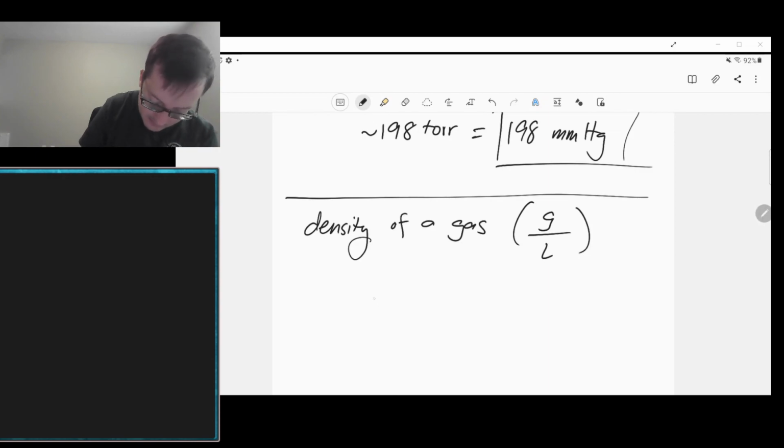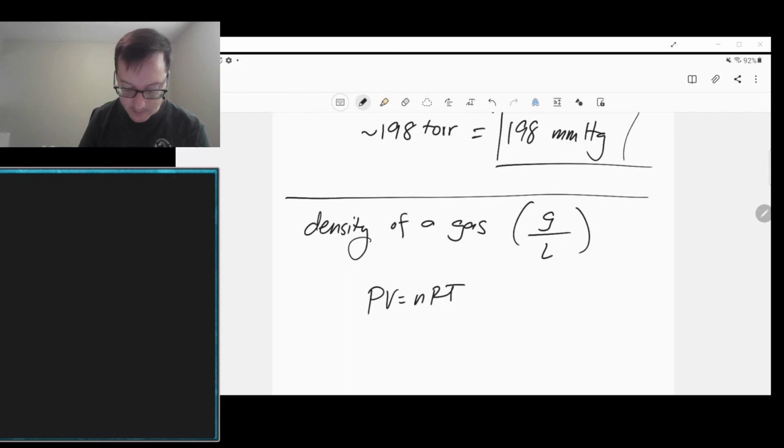Well, we know that PV equals nRT. If we want to work with this, we know volume is already in liters, but n is in moles. And how do we go from moles to grams? Well, it's divided by the molar mass, right?